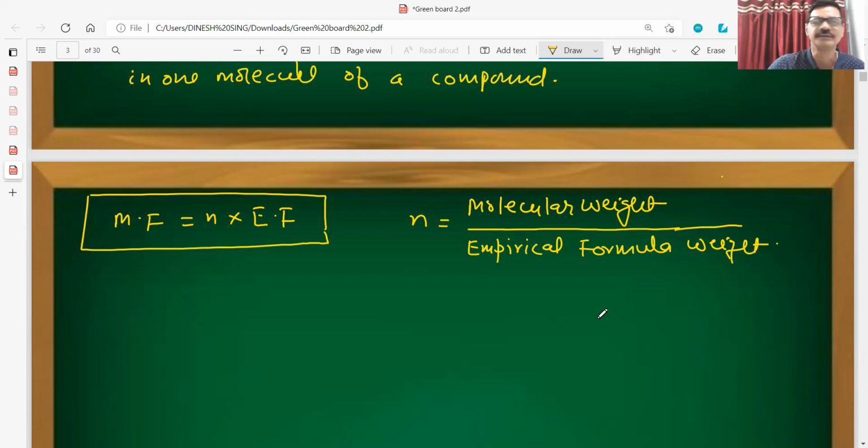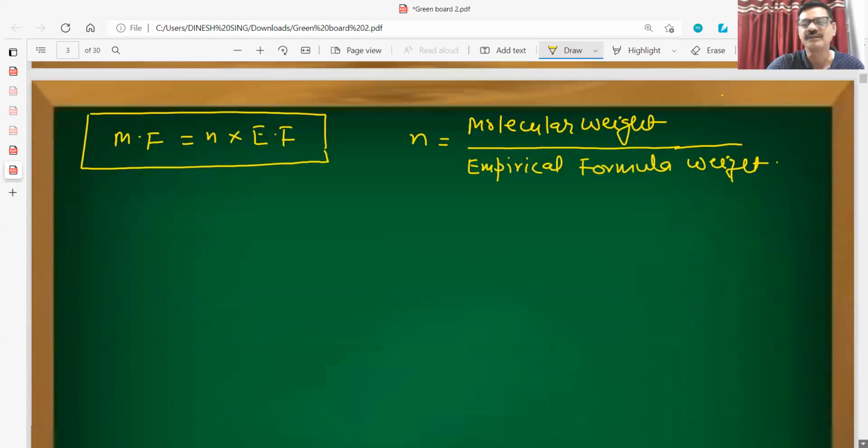If we multiply this n factor, it may have value 1, 2, 3, 4 like that, with the empirical formula, we will obtain the molecular formula of the given compound.